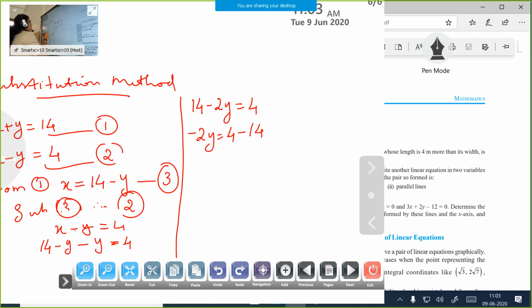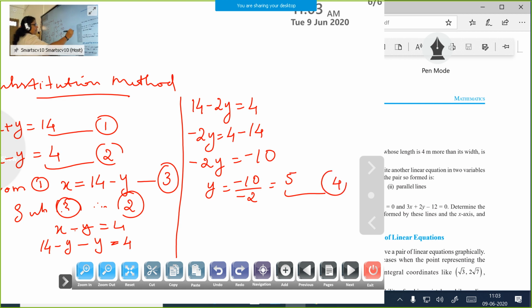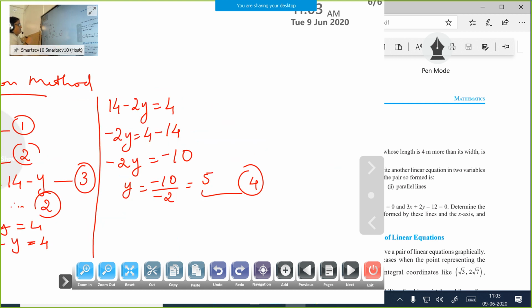Minus 2y is equal to minus 10. Then y is equal to minus 10 divided by minus 2, that is equal to 5. This is our equation 4, the value of y.